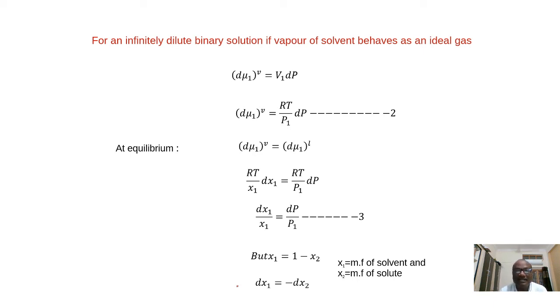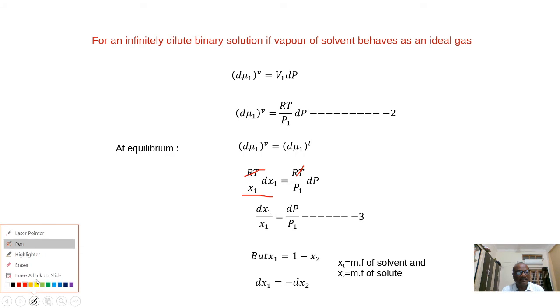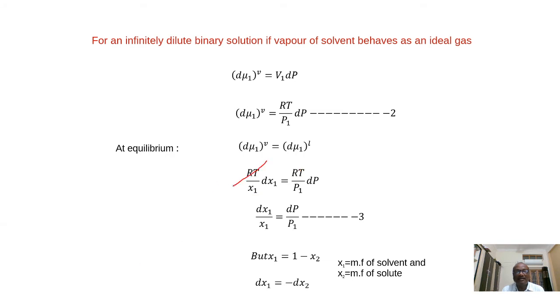So equation number 1 is equal to equation number 2. RT by x1 dx1 is equal to RT by P1 into dP. On both sides RT and RT get cancelled. The remaining part is dx1 by x1 is equal to dP by P1.